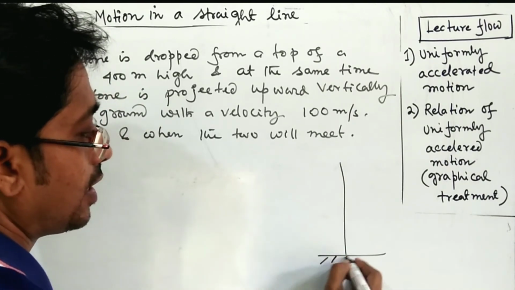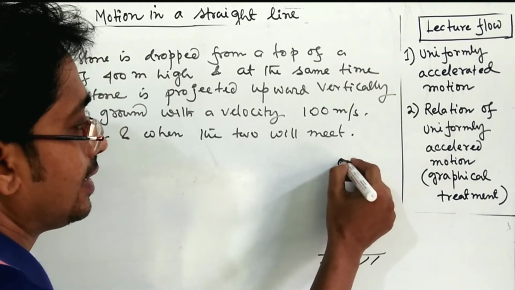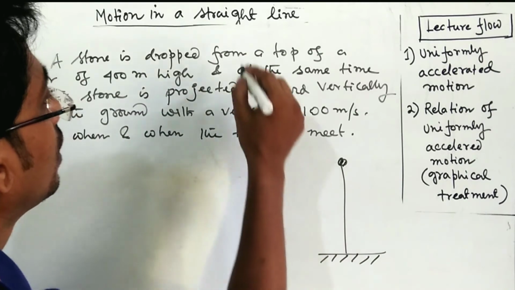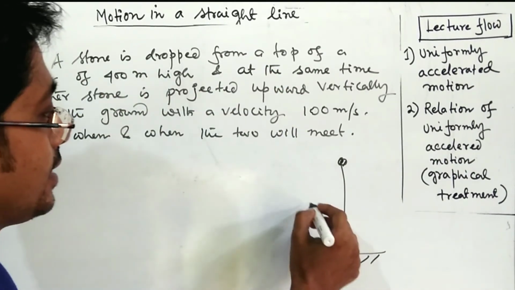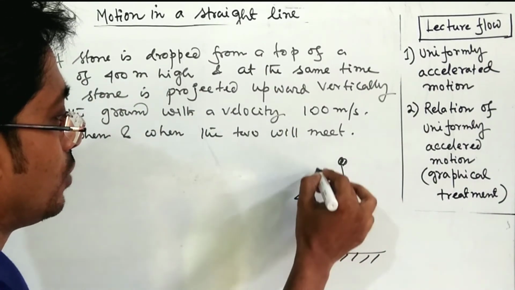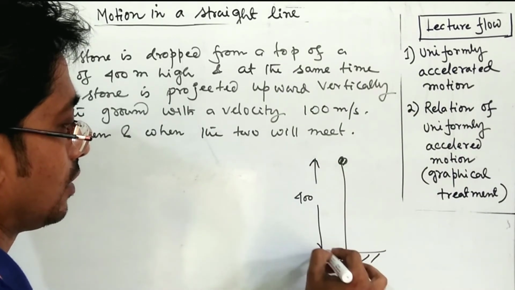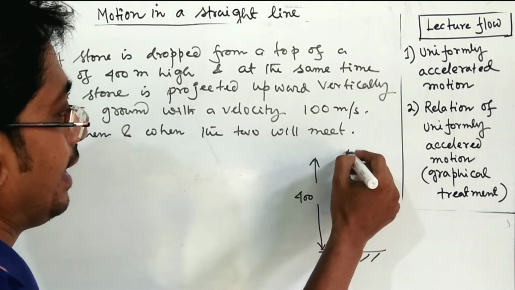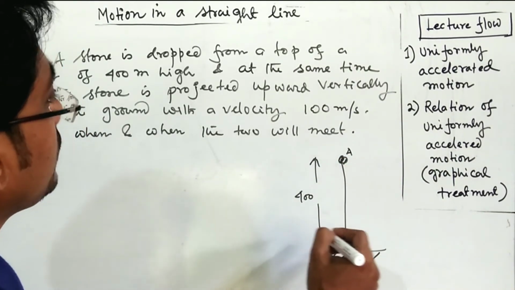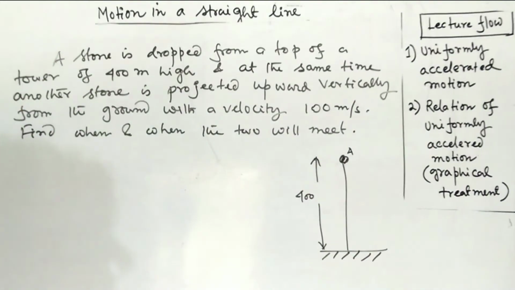Suppose this is the ground, and this is 400 meter high. A is dropping down, and I don't know where they will meet.